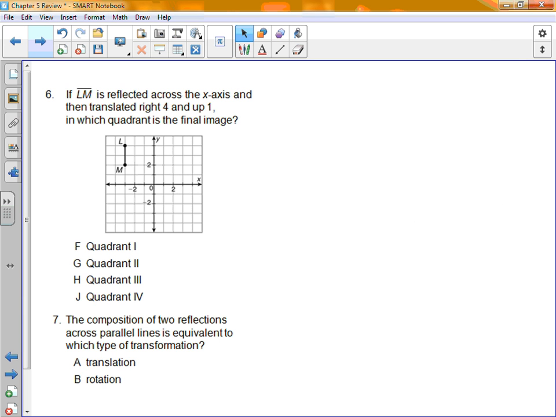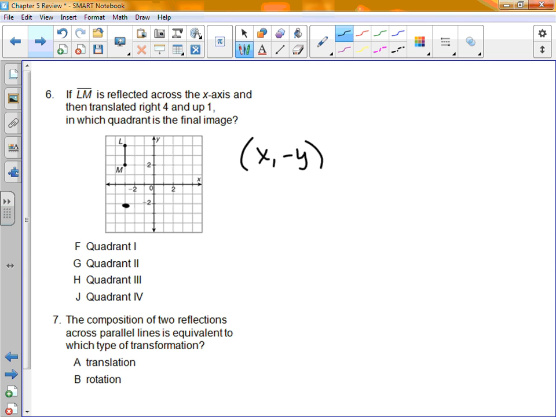6, LM is reflected across the x-axis. Remember, when something's reflected across the x-axis, x stays the same and y changes. So if I'm going to reflect this across the x-axis, the x value of M is going to stay the same. It says it's reflected, then translated right 4 and up 1.